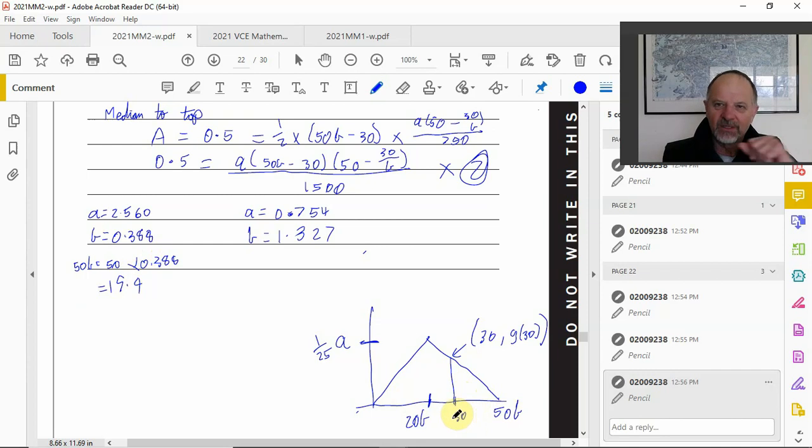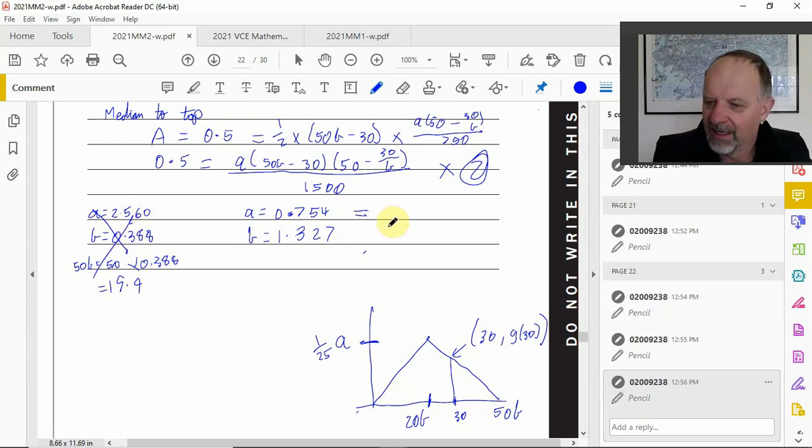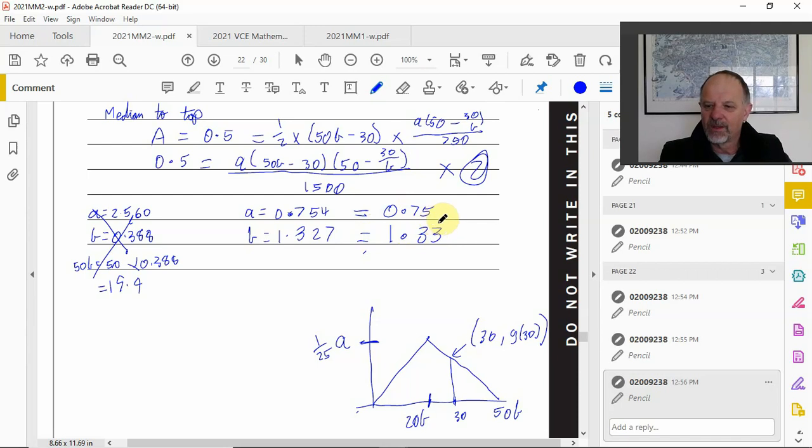We've been told up the top there that our median is 30, so our endpoint has got to be bigger than 30. So that can't be the solution. So a, to 2 decimal places, has got to be 0.75, and b, to 2 decimal places, has got to be 1.33. And again, make sure you round off correctly.